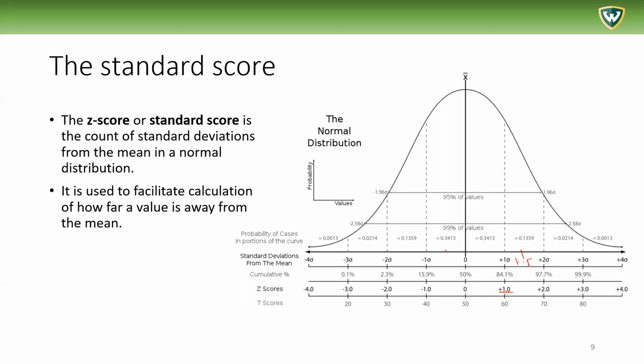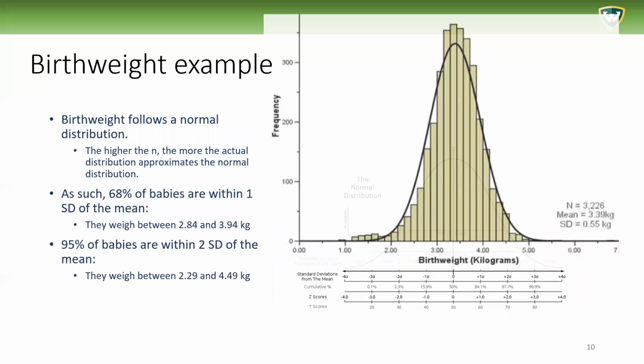A z-score of minus 1.5 means minus 1.5 standard deviations from the mean, that is, 1.5 standard deviations below the mean, and so on. Next, I'm going to stop here and we're going to examine this birth weight example to better understand these concepts.